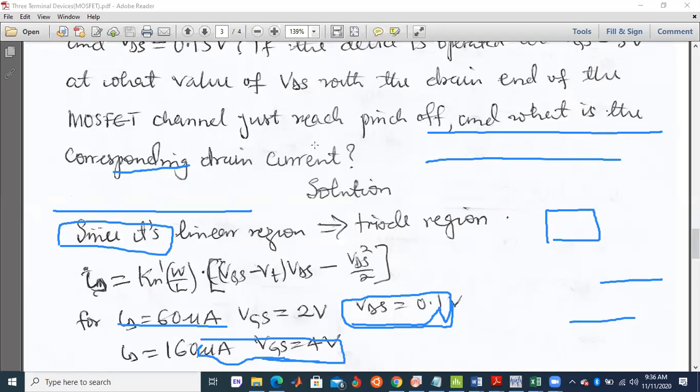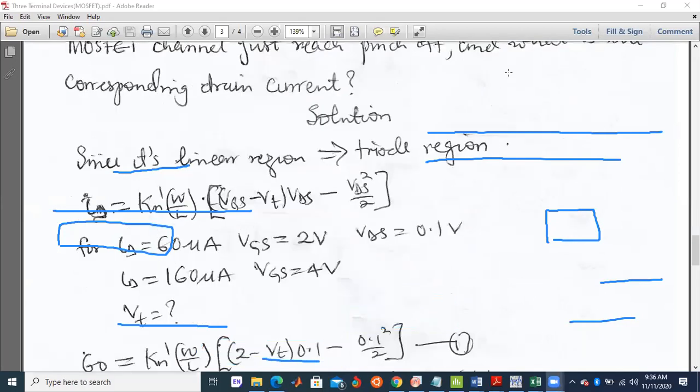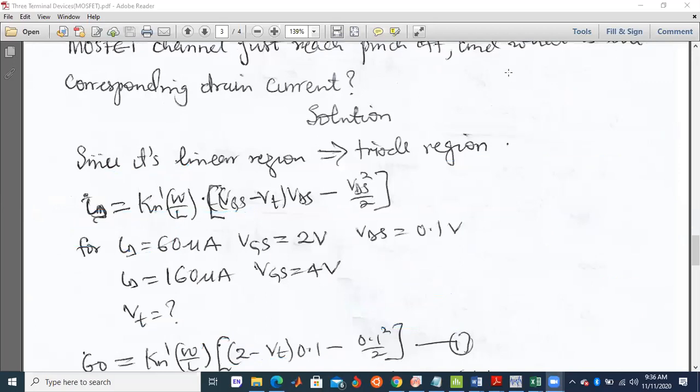Sorry, let me clean this one. Now, since it is a linear region, it means it is the triode region. So you use the formula for the triode region. We have the first ID to be 60 microamps, and the VGS is given to be 2 volts, VDS is 0.1 volt.